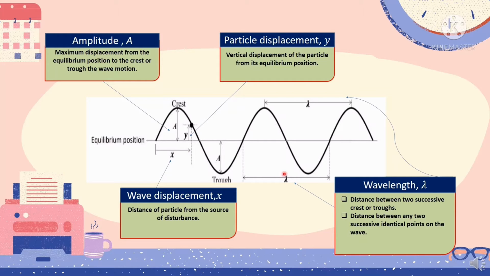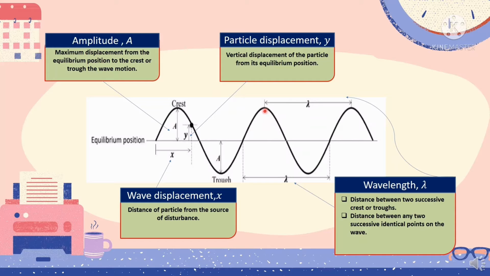Next, for the wavelength, with the symbol of lambda, it can be defined as, first, distance between two successive crests or troughs.